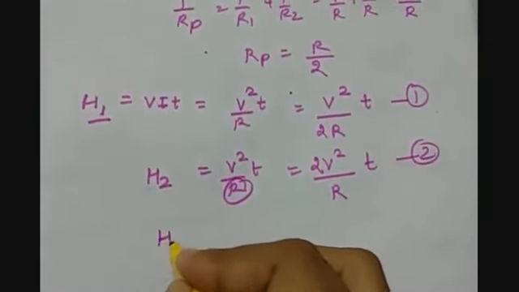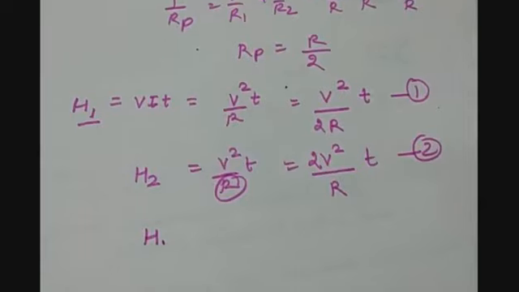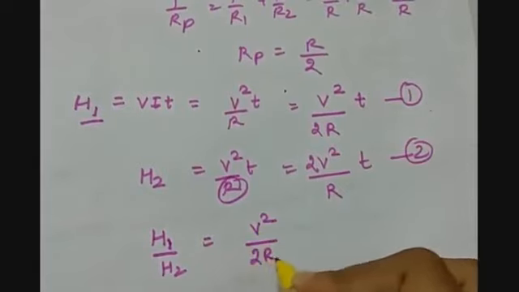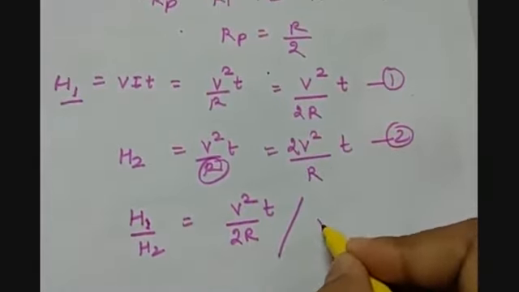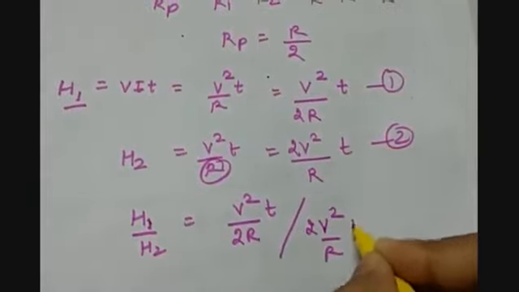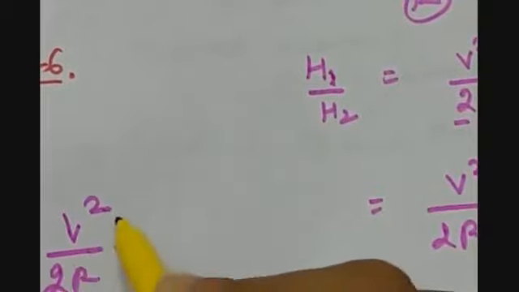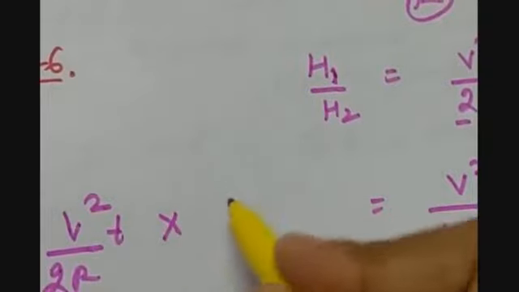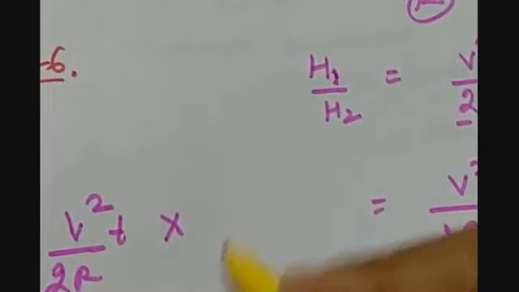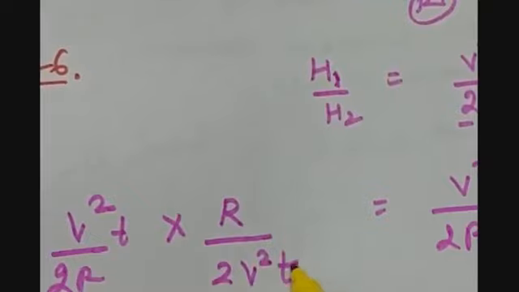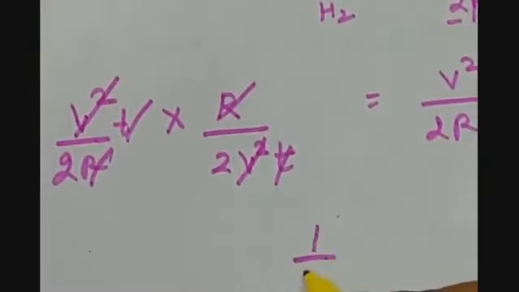And what is the ratio of H1 to H2? V square by 2R T and 2V square by R T. By multiplying and writing the second in reverse order, we will have R upon 2V square T. So R cancels out, V square cancels out, T cancels out, and we are left with 1 by 4.